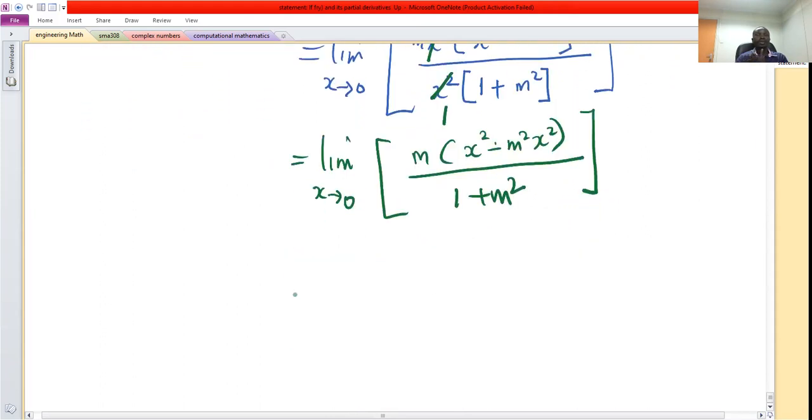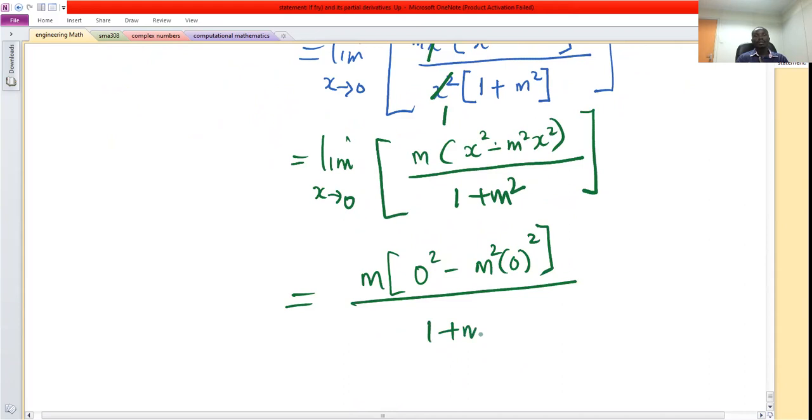Where this x put 0, so it'll be m times (0 squared minus m squared times 0 squared) divided by 1 plus m squared. You see here we'll get 0 times m, which is 0, over 1 plus m squared, and this will be 0. So this is the value for our f3.